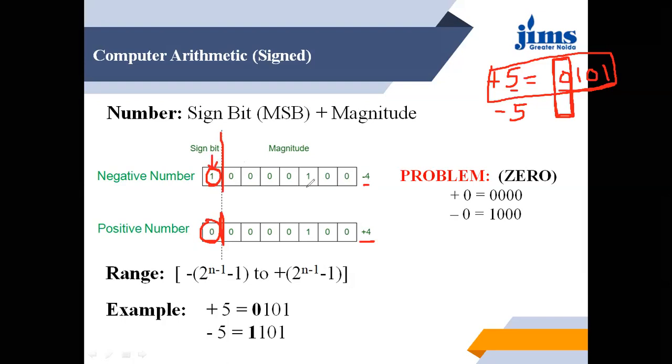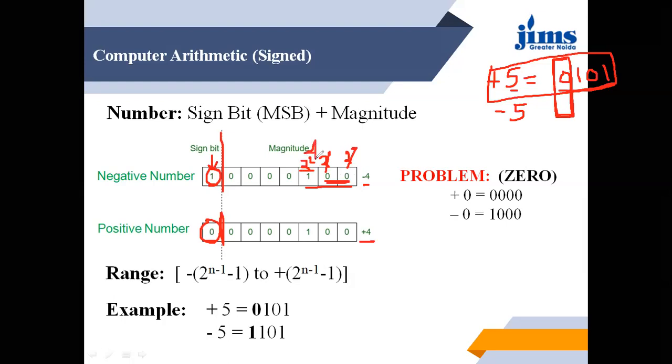So this is equivalent to 4 in decimal, as 2 raised to the power 0, 2 raised to the power 1, 2 raised to the power 2. So first, 2 raised to the power 0 is multiplied by 0, and this is also 0, and the place value of 2 raised to the power 2 is 4.